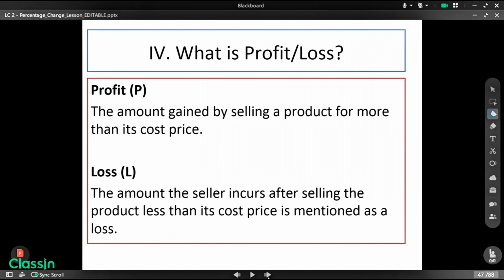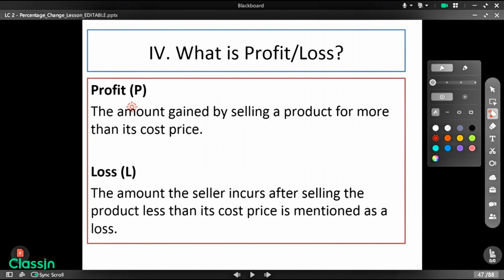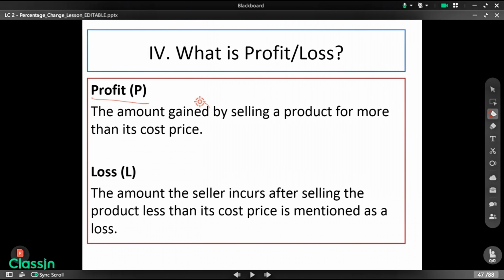When we say profit, it is the amount gained by selling a product for more than its cost price. For the loss, it is the amount the seller incurs after selling the product for less than its cost price.